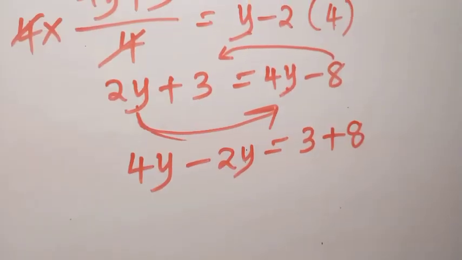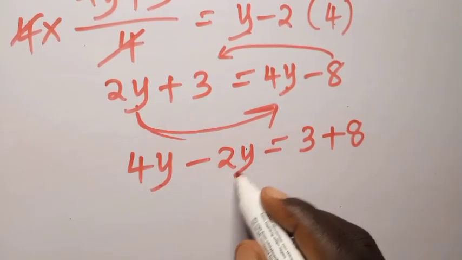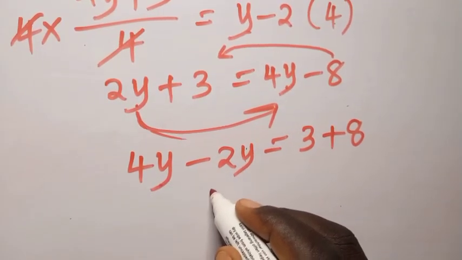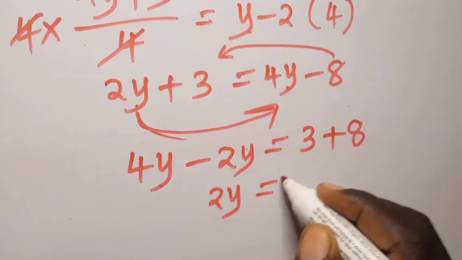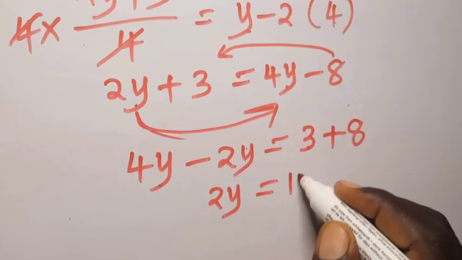Now, at this point, we shall have 4y minus 2y is 2y equals 3 plus 8 is 11.